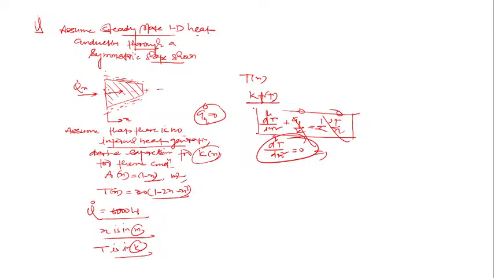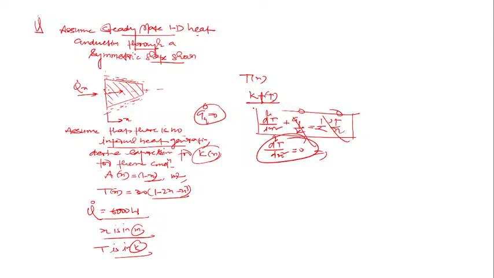Why can't we use these equations? Santan, Sambit, Ruksar. Because these equations are for constant thermal conductivity and constant area.